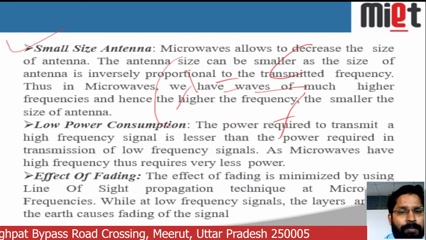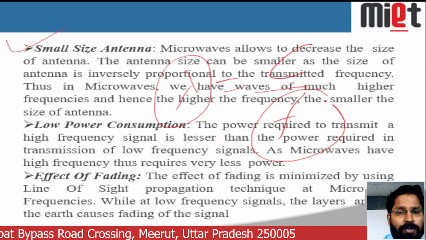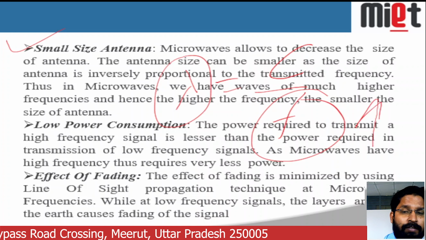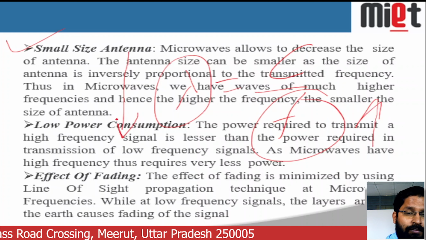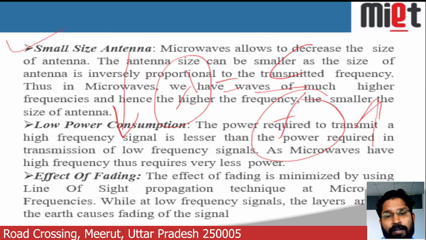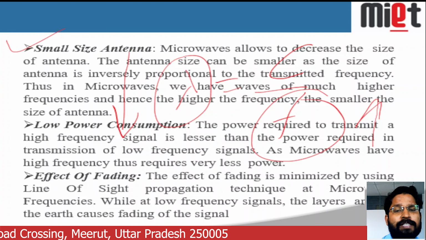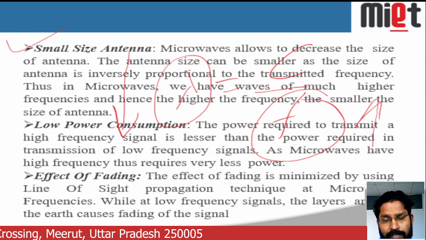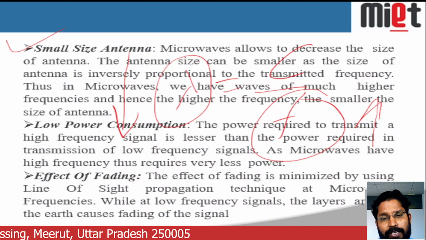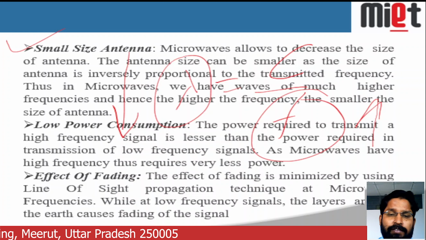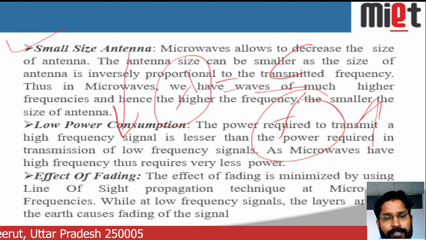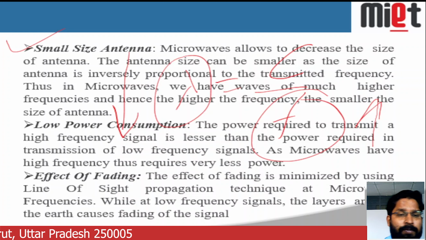Lambda means wavelength, and f is the frequency. As we go toward higher frequency, the size of lambda decreases, meaning they are inversely proportional. As we increase the frequency, lambda decreases, and as lambda decreases, the height of the antenna decreases. The size of the antenna depends on lambda.